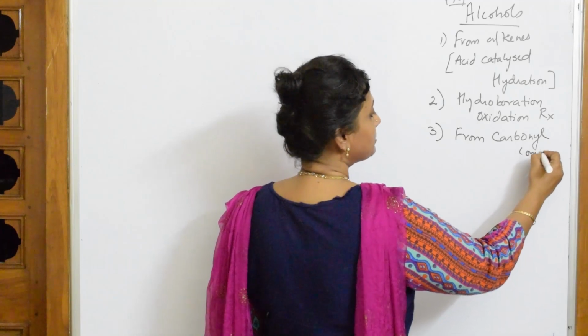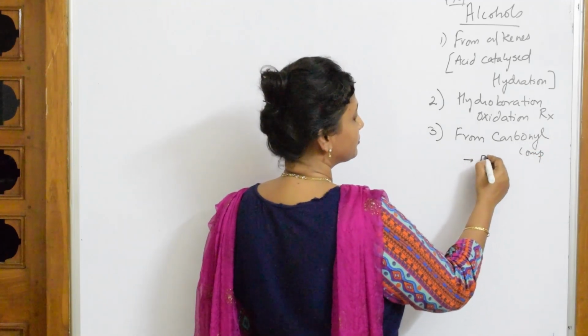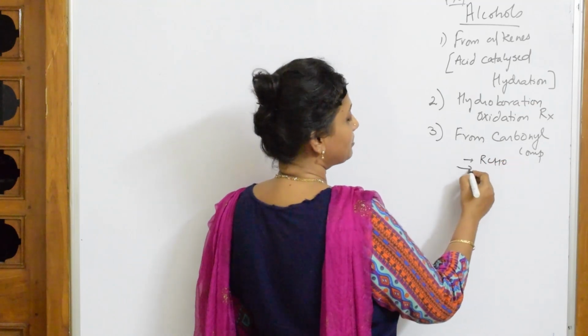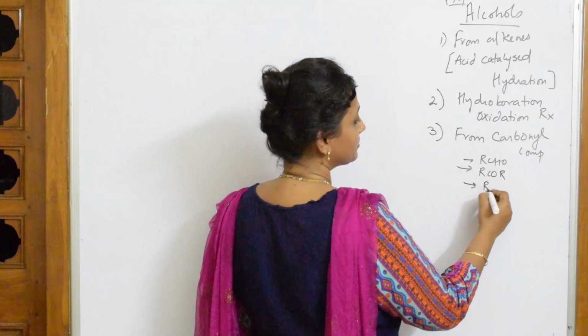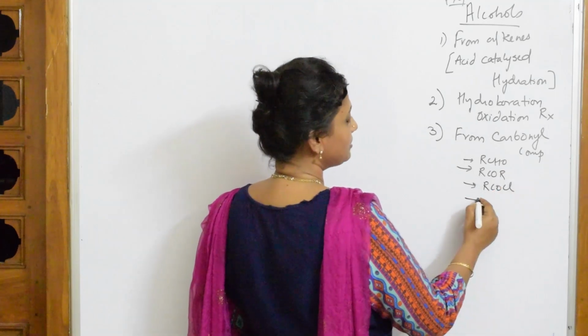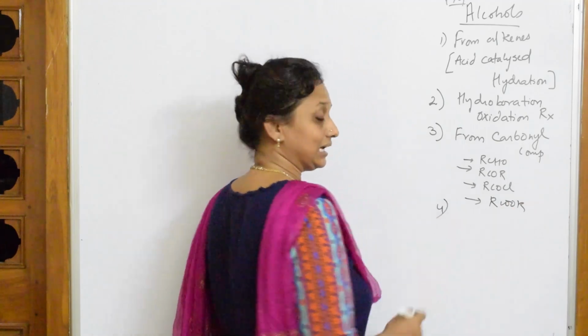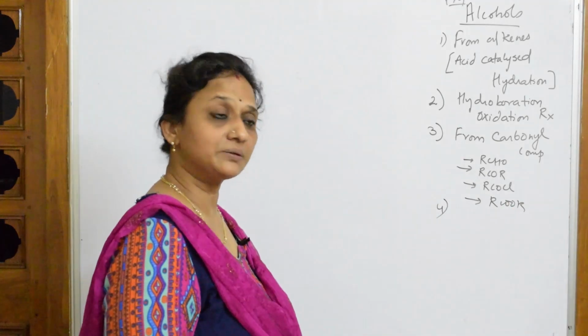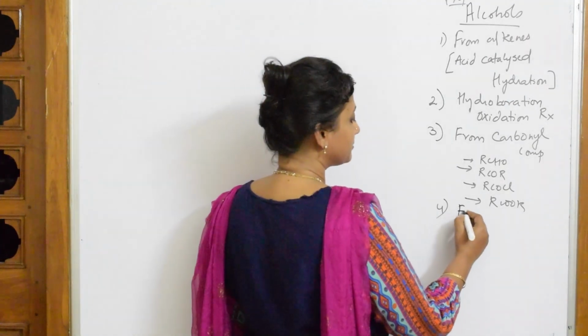Carbonyl compounds, I'll be picking up aldehydes. I'll be preparing from aldehydes, from ketones, from acetyl chlorides, and from esters. After this, I'll also be preparing alcohols from Grignard's reagent.